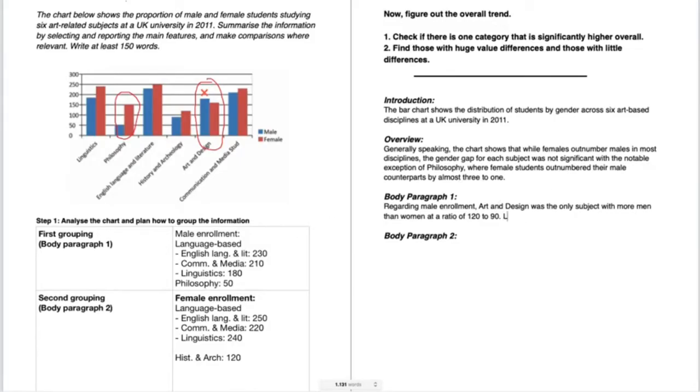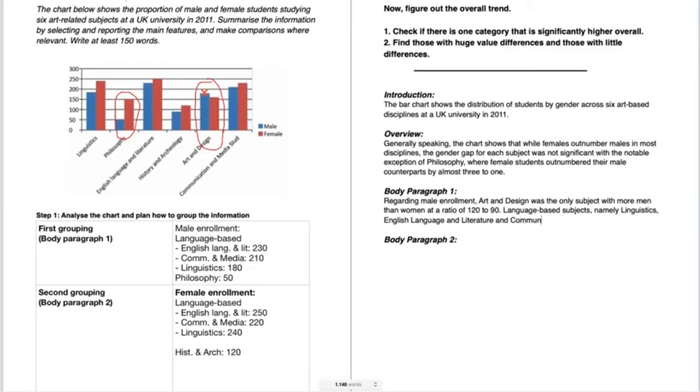And I'm going to say language-based subjects. And we'll look at our options here. It says namely linguistics, English language, and literature, and communication and media studies were the most popular subjects for male students. And that is exactly what we saw here in our outline.